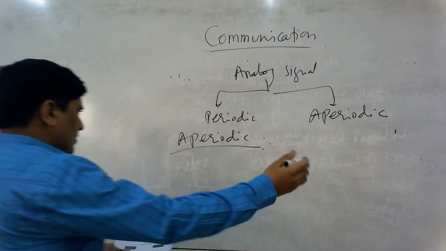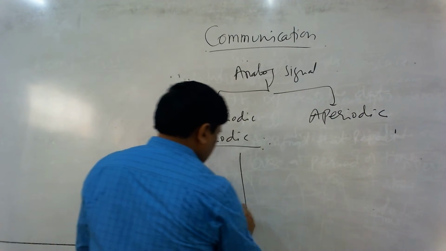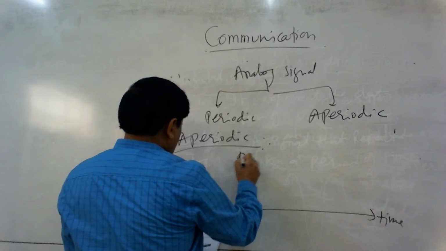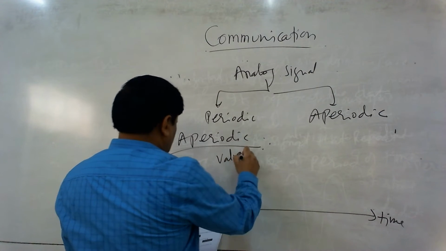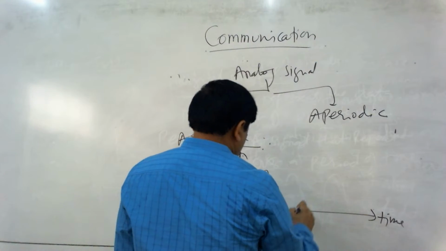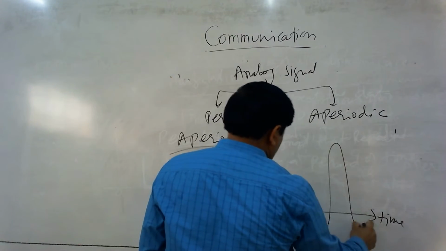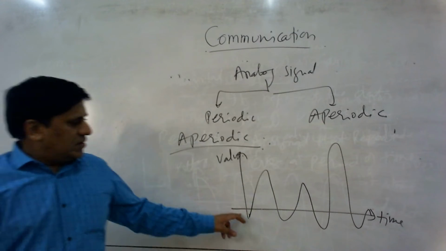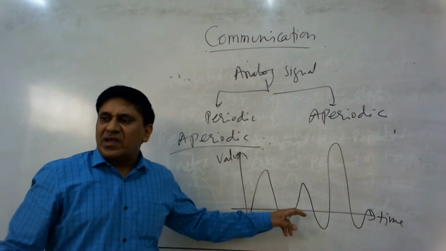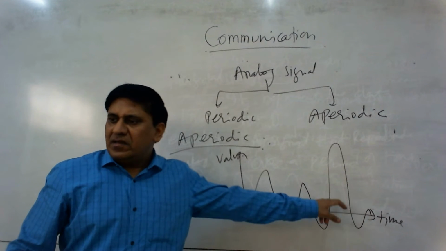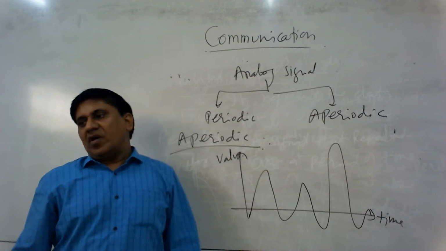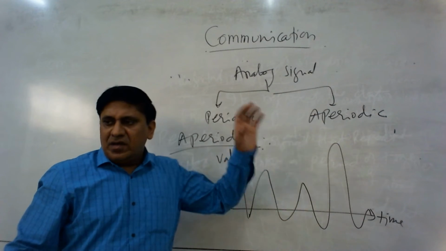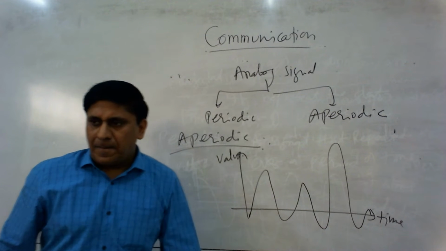So the diagram of this signal is like this. This is the time axis. This is the value which we have. This is an aperiodic signal because it does not repeat its cycle at a regular interval of time. Okay, so this is called an aperiodic signal.